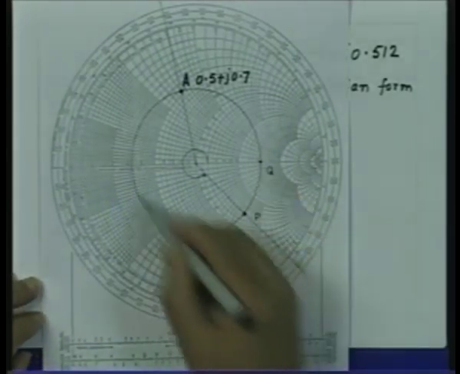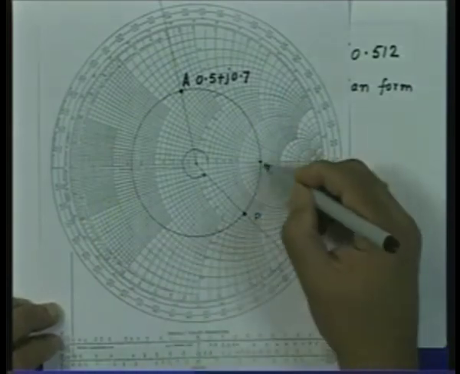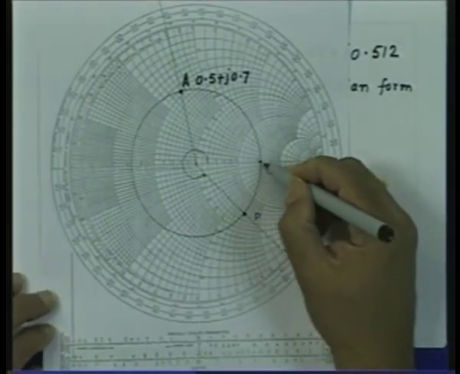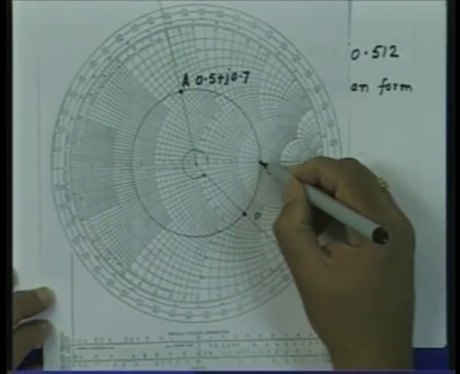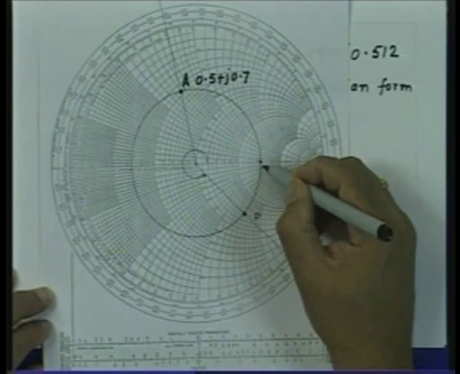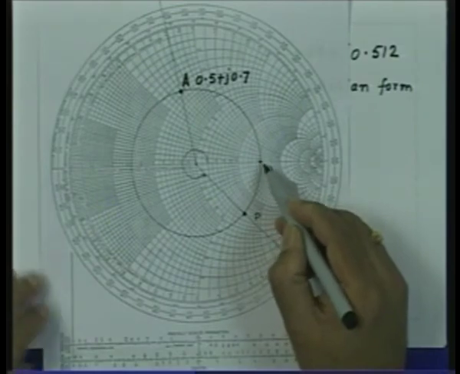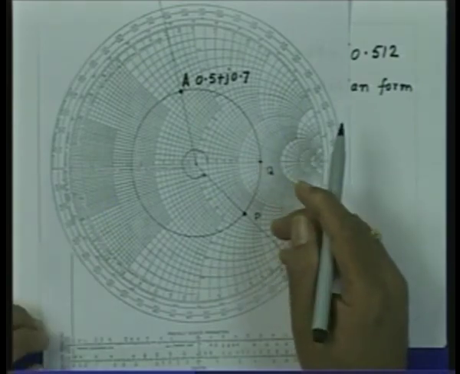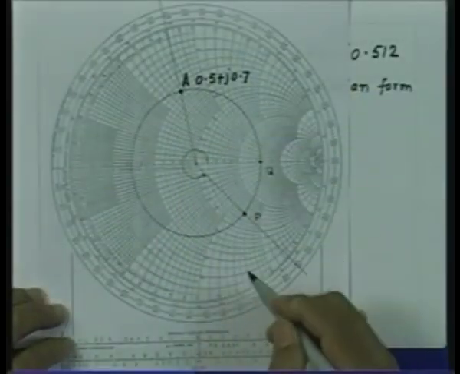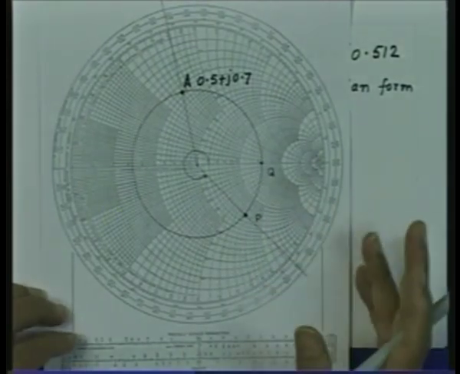and the VSWR from this, if I go to the rightmost point of this circle, this point, this value tells me the VSWR. So, if you read carefully, you can see this value lies between 3.1 and 3.2. So, its accurate value is 3.17. When we are doing graphical calculations, that kind of error is acceptable.